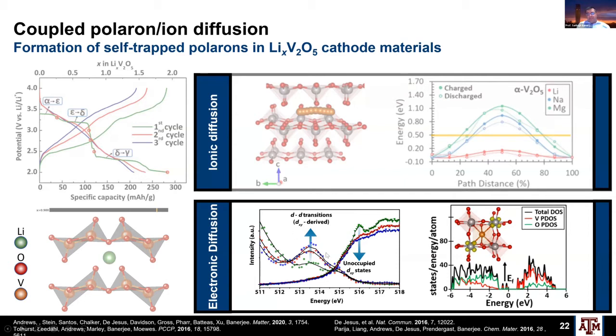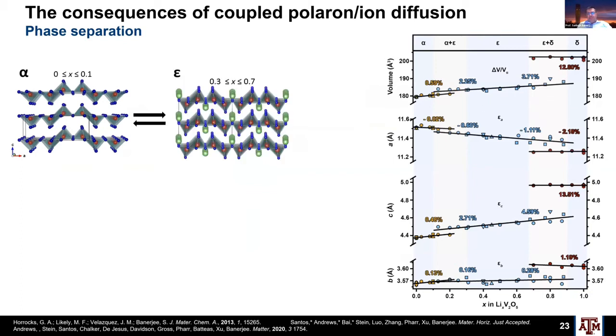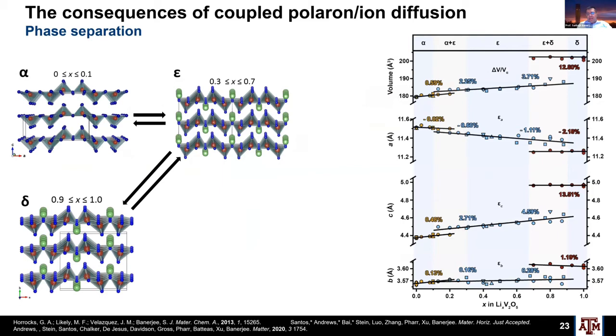So this is some RIXS spectra collected also at the Canadian Light Source. And part of the consequences of these limitations, these polaron ion diffusion, there's a whole series of phase transformations that happen in the system.